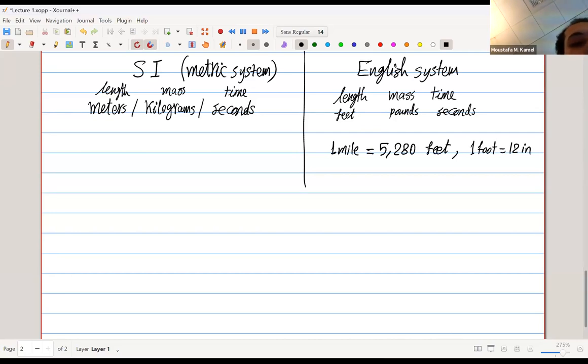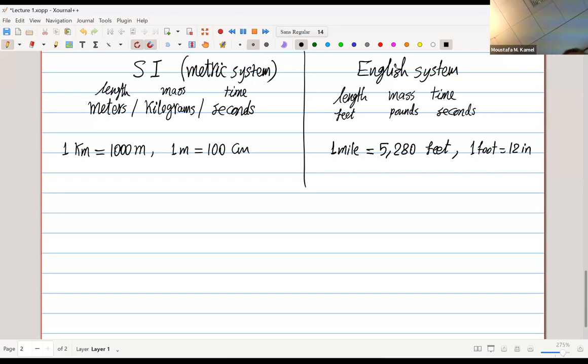On the other hand, you have 1 kilometer is equal to 1,000 meter, and a meter is 100 centimeter, and so on. It's base 10. So by multiplying or dividing by tens, you move from centimeter to meter to millimeter to micrometer to nanometer to kilometer, just by using the same unit and adding the correct prefix.